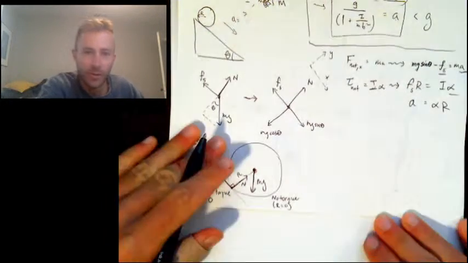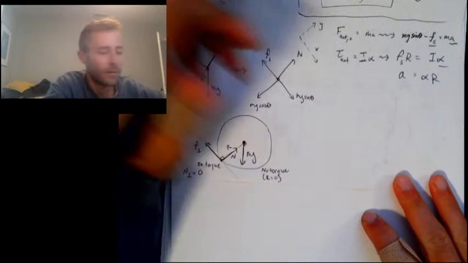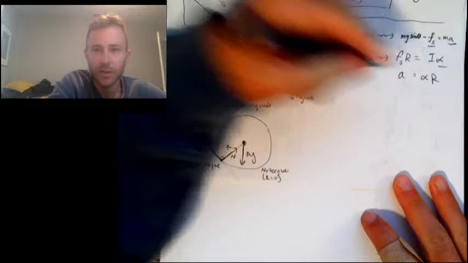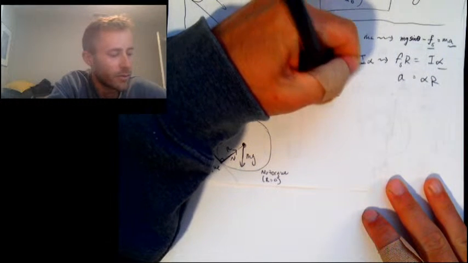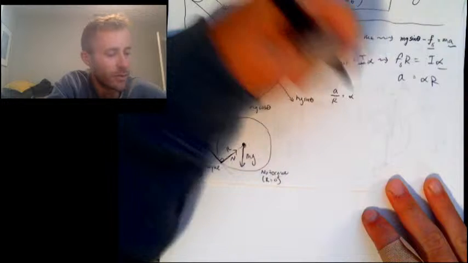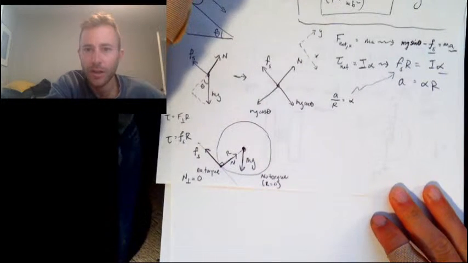So I'm going to solve this exactly like I did before. First of all, I'm going to divide both sides of the third equation by r, and I get a over r equals alpha. Then I plug that into the second equation.